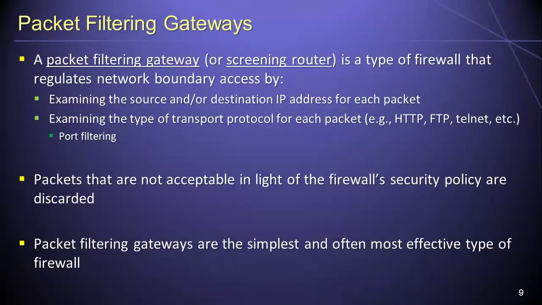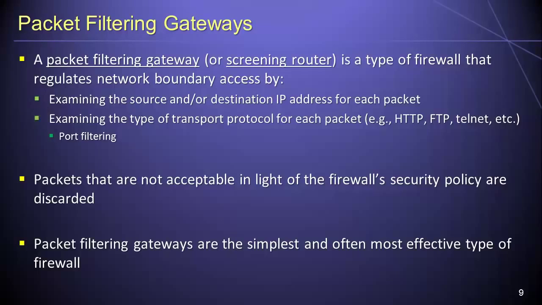A packet filtering gateway, which is also sometimes referred to as a screening router, is a relatively simple type of firewall. Packet filtering gateways regulate network boundary access either by examining the source and destination IP addresses for each packet, or by examining the type of transport protocol for each packet, examples of which might include HTTP, FTP, Telnet, and so forth.